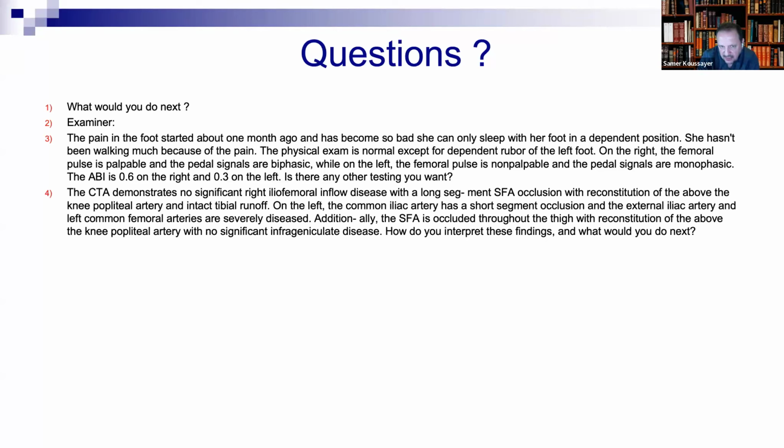So I'm not going to touch the right leg. It's the first thing you tell me. Correct? So forget about the right leg. I don't care about the SFA occlusion, popliteal occlusion. Even if the common femoral artery is occluded, I don't care because the right is asymptomatic. So you can tell the examiner the right leg is asymptomatic, so whatever disease is there, it's not my priority now. I'm not going to treat it. So I'm going to concentrate on the left leg, okay?